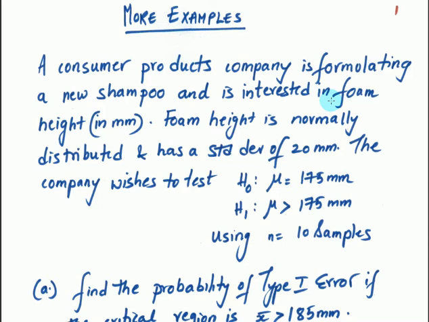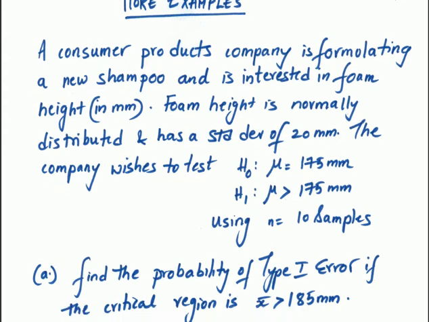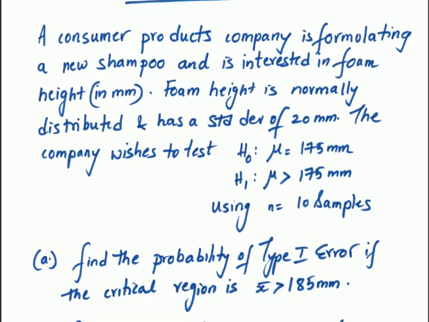And the first question is to find the probability of type 1 error if the critical region is x bar being greater than 185 millimeters. So let's consider this problem for a second. Here we are looking at a one-sided alternative hypothesis, given that H1 is mu greater than 175.